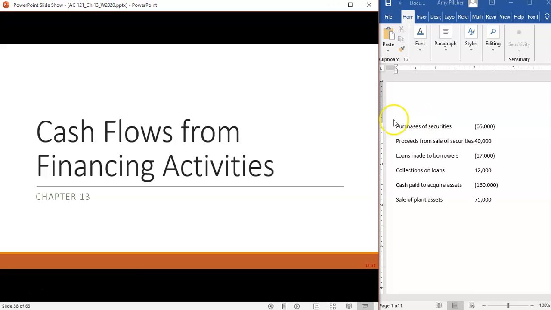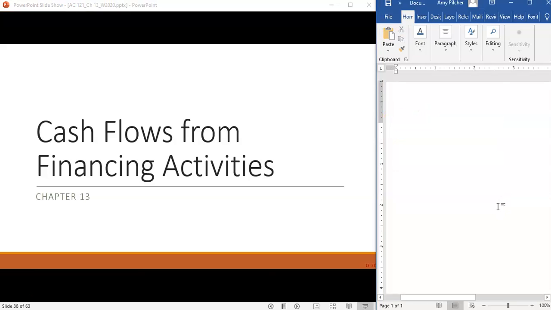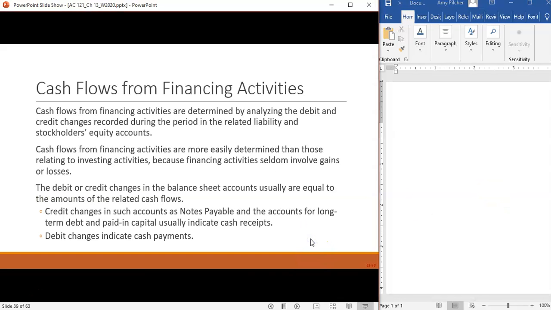Then we'll talk about the cash flows from the financing section. Remember, the financing section includes our long-term liabilities, any short-term notes payable, and our equity section. So when we're looking at the balance sheet, we're looking at those amounts. These are things like selling bonds, paying off notes payable, paying dividends, and receiving or selling stock.